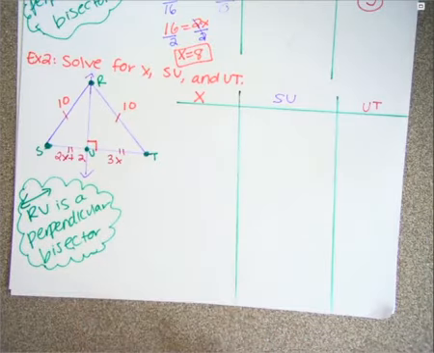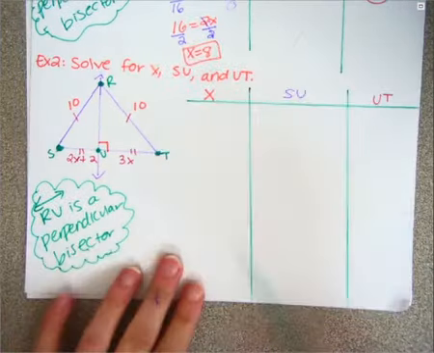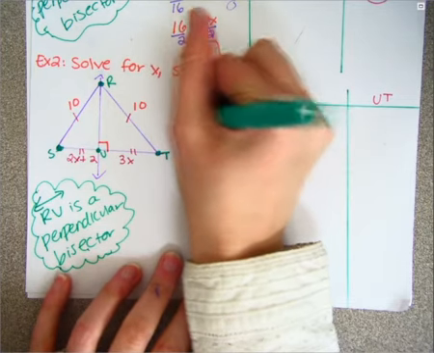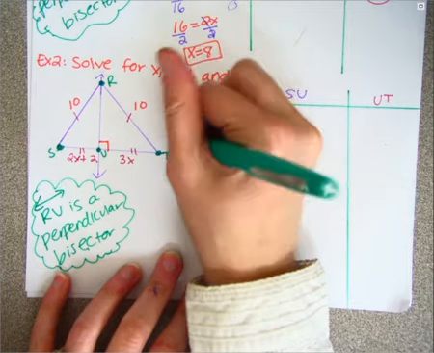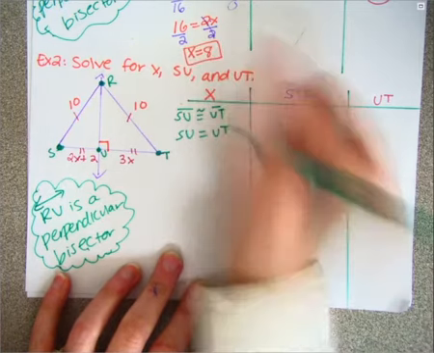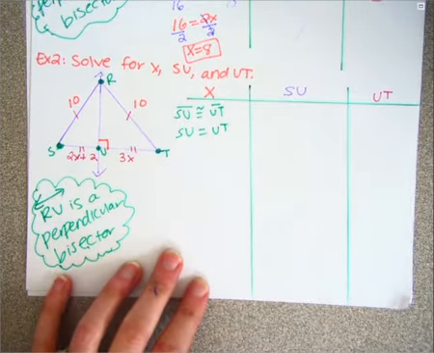I know that segment SU is congruent to segment UT, which means that their lengths are equal. Since the two lengths are equal, and my goal is to solve for X, look at this, SU and UT both have an X in them.